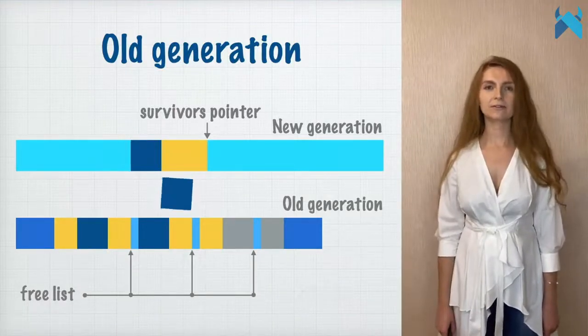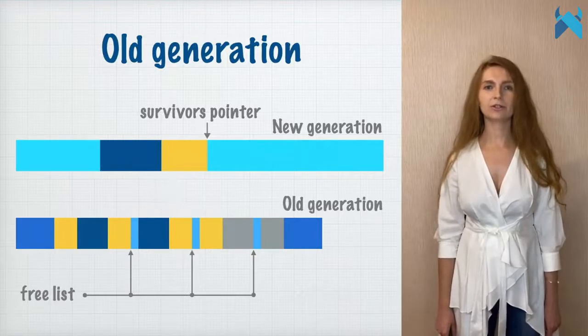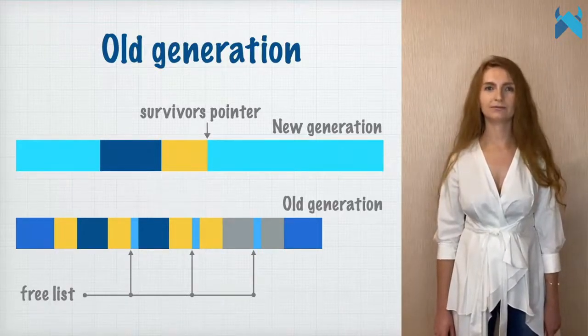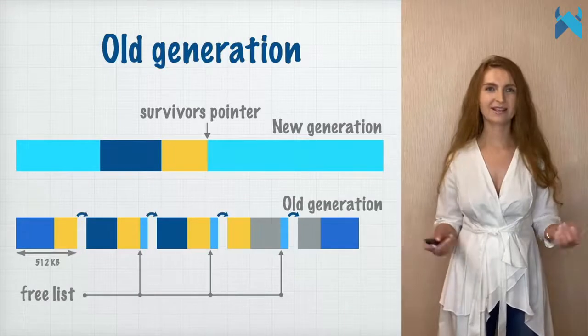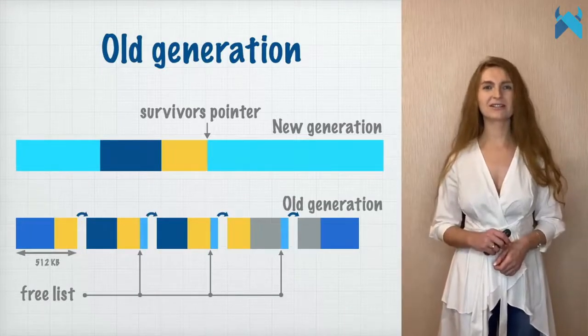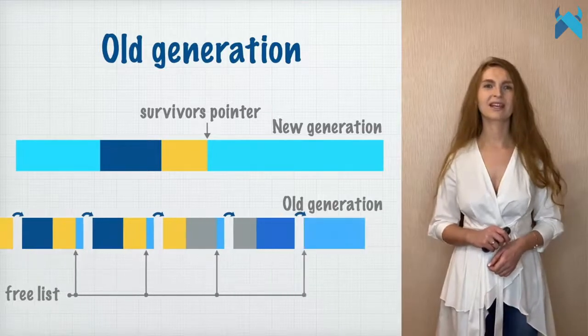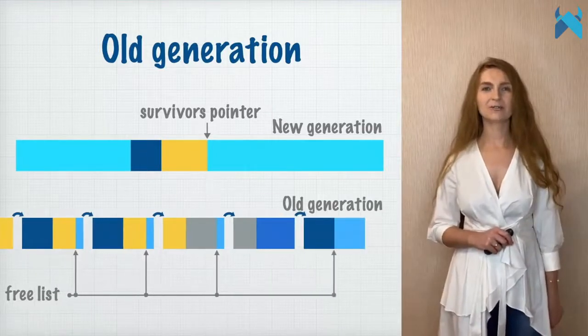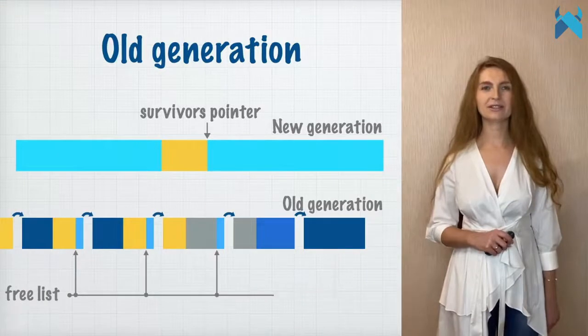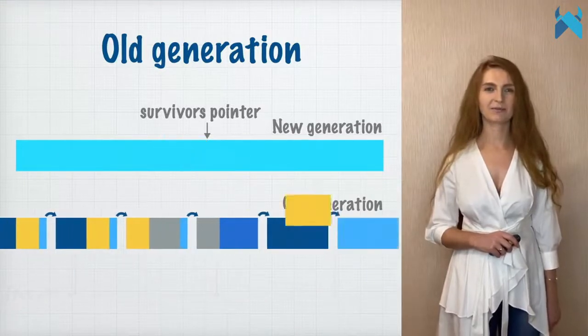If this attempt fails, it will try to grow the old generation by 1 page. Surprise, surprise! Old generation also consists of linked pages of 512 kilobytes. A new page will be added to a free list, and it will repeat an attempt to allocate an object.